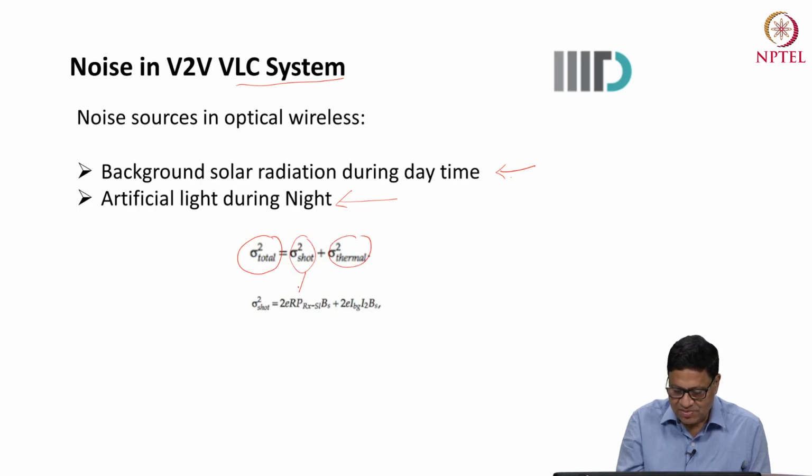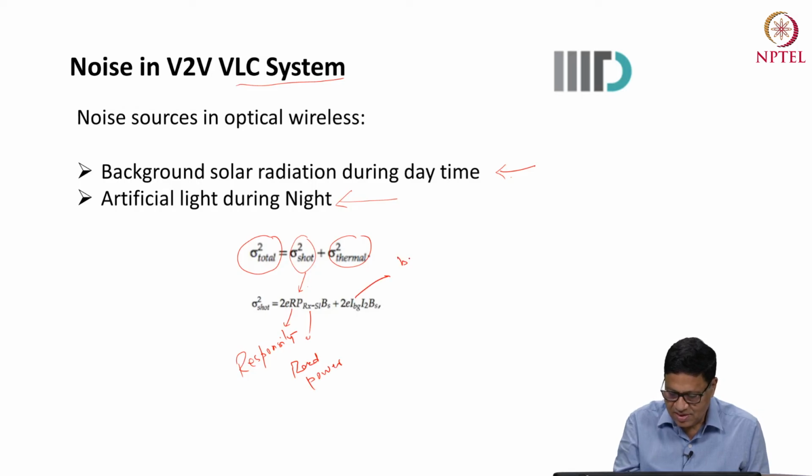The shot noise is given here, where this is the responsivity, e is the electronic charge, this is the received power onto the receiver, and this is the background noise current. This is part of the shot noise because of the background noise current.